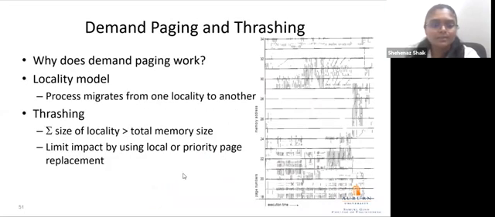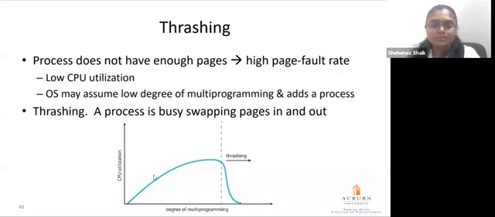Now to resolve this problem of thrashing, we want to identify the least number of memory frames that is required by each of the processes, depending on the kind of task that is being performed by the process itself, depending on the nature of the process.